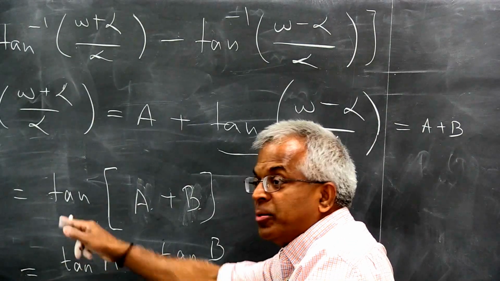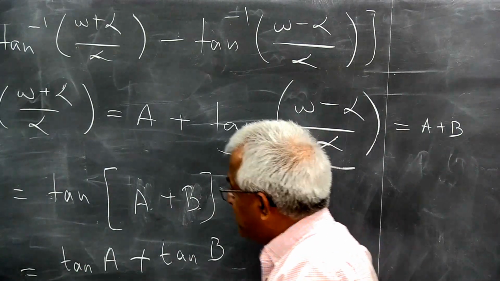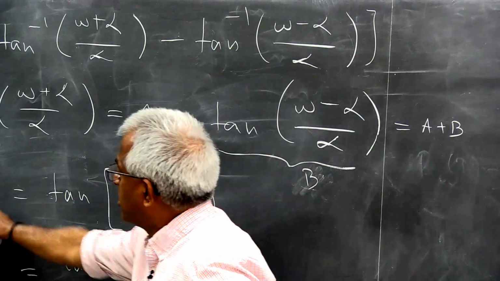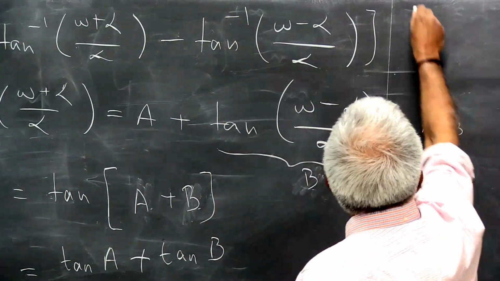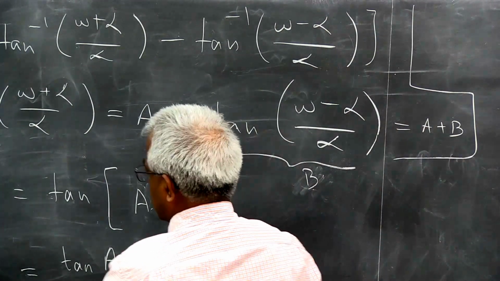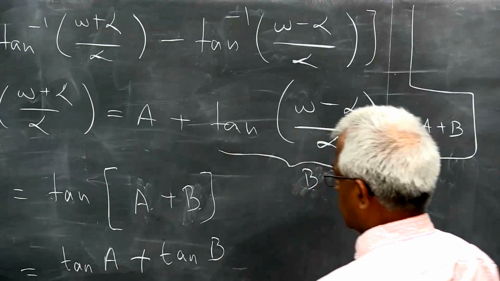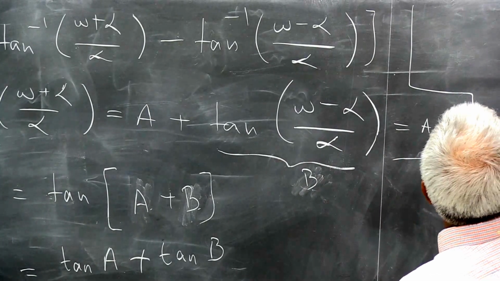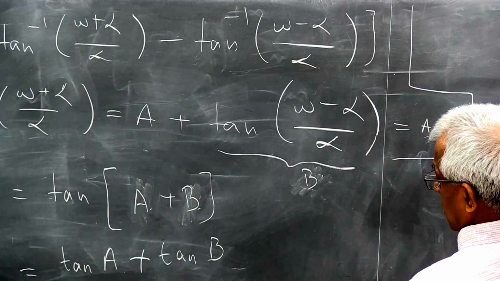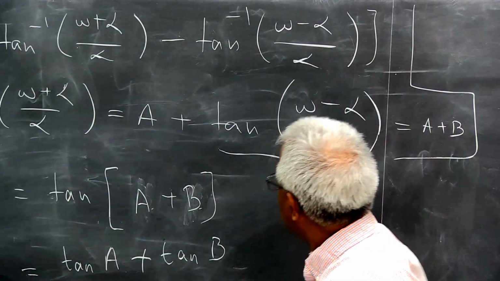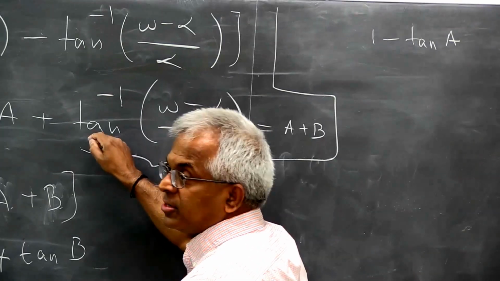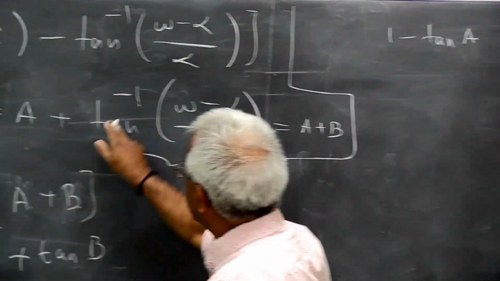Now I am going to cross multiply. Remember, I am trying to figure out what this A is. So let's cross multiply this. I get this multiplied by this, so I have 1 minus tan A. Look here, hold on. This is tan inverse, right? So what is tan B?